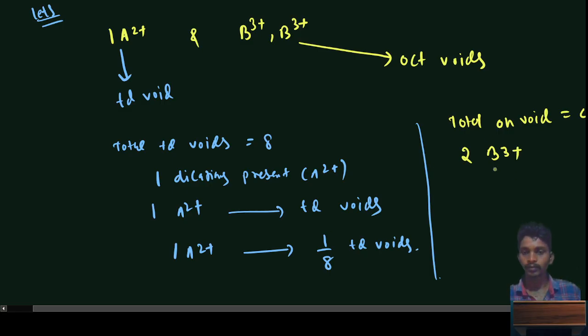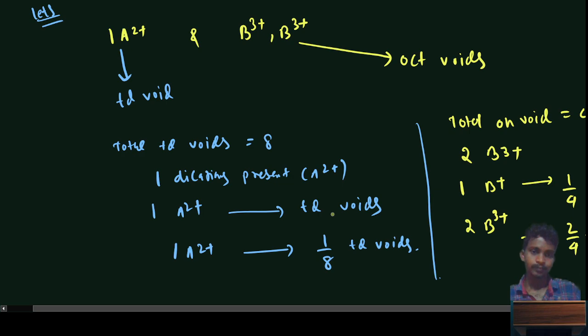So how will they occupy? One dication will occupy 1 upon 4, because the crystal lattice and this are the same. So 2 dications will occupy 2 upon 4, that is going to be 1 upon 2.